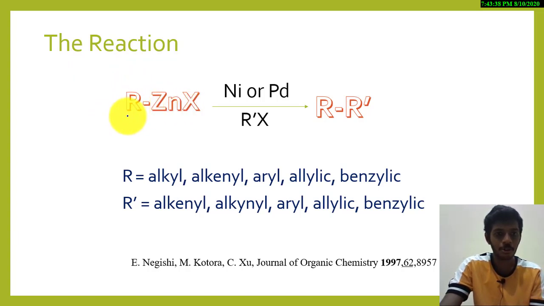Here the R group is an alkyl, alkenyl, aryl, allylic or benzylic group, and X is a leaving group.